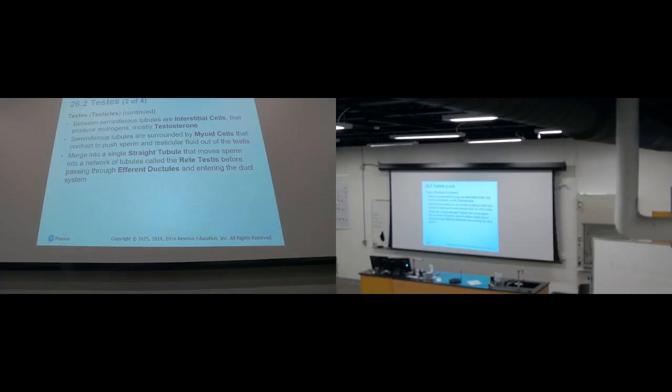Now, between the seminiferous tubules, there are interstitial cells that produce testosterone. The seminiferous tubules are surrounded by cells called myoid cells that contract to help eject the sperm cells and the testicular fluid out of the testes into the straight tubules, which move the sperm into a network of tubules near the epididymis called the rete testis.